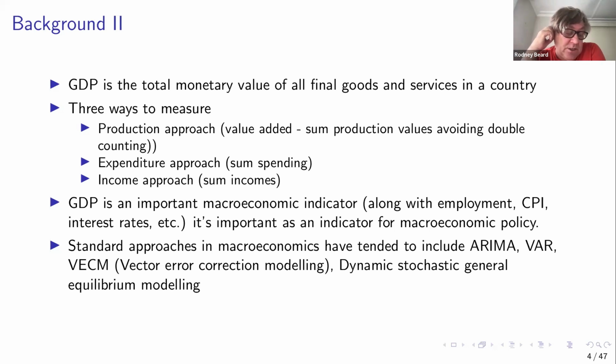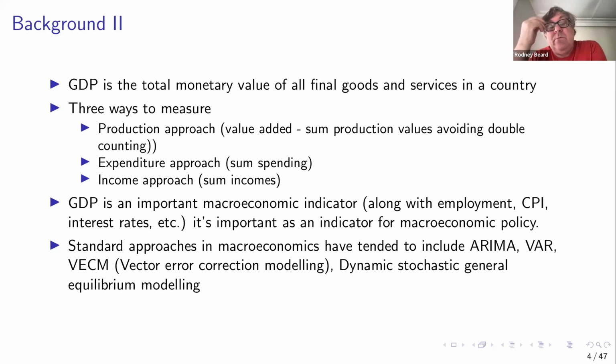They should result in the same numbers. There is some statistical error when you look at the system of national accounts, sort of rounding errors. But other than that, they result in the same approach.